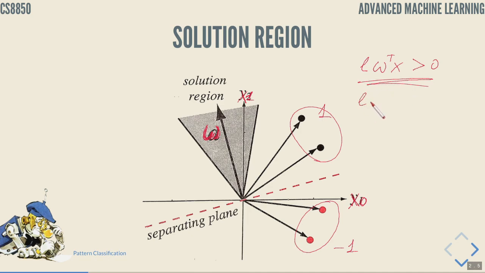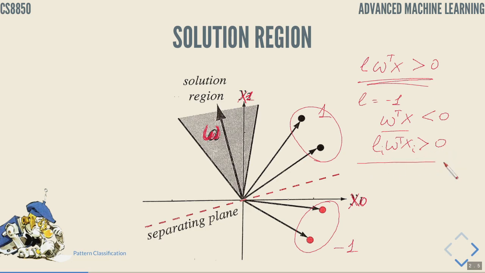Say the label equals -1 for this particular X, and classification is correct. That means W times X is negative, less than 0, right? So negative times negative label, W times X times label, let's make it specific, is positive.